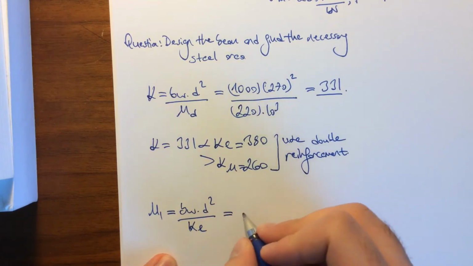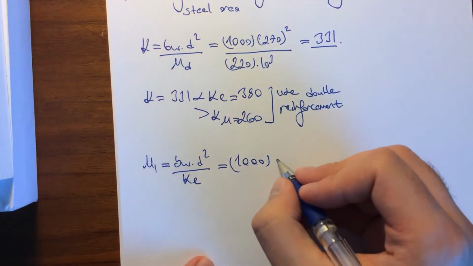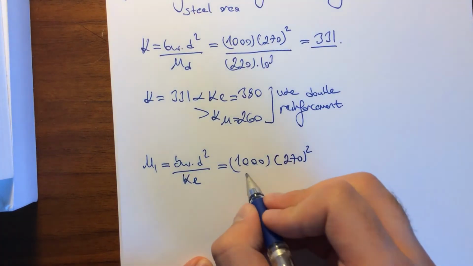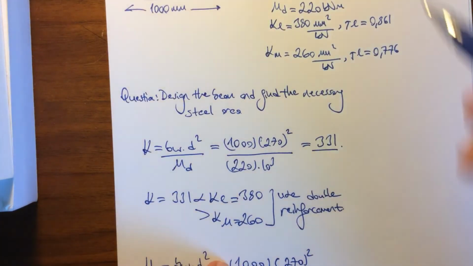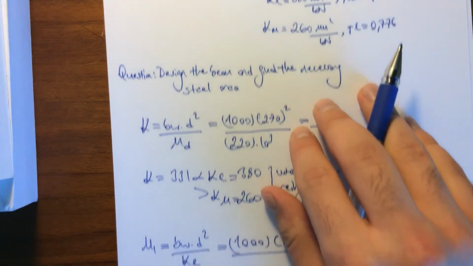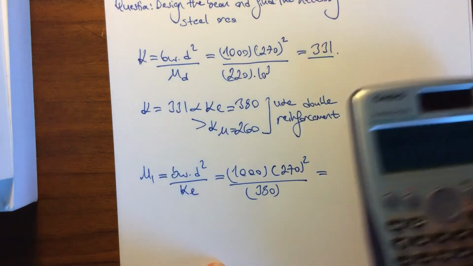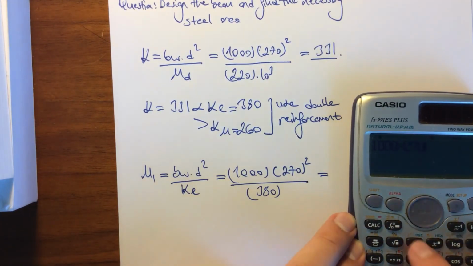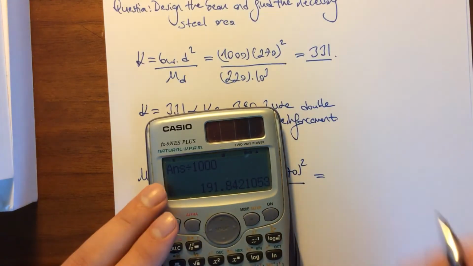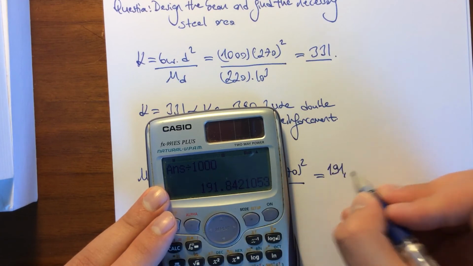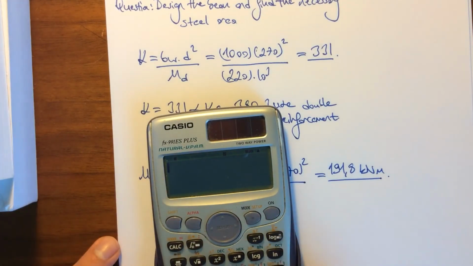So M1 will be equal to 1000 multiplied by the D squared, 270 squared, and KL in this case was given to us as 380. I'm directly putting that into the equation, and so the M1 value that we are looking for is 191.8 kilonewton meter.